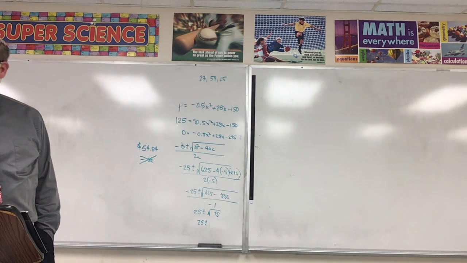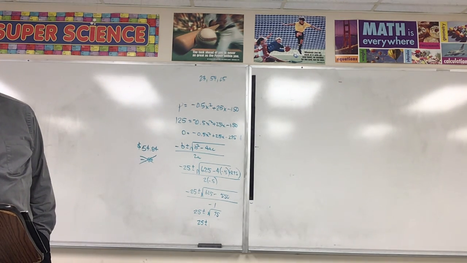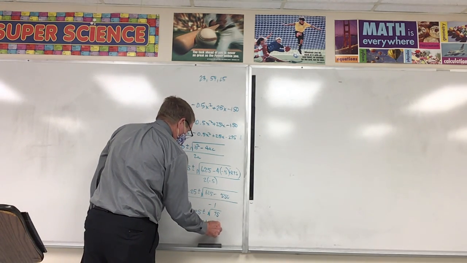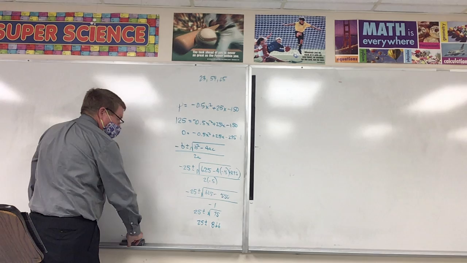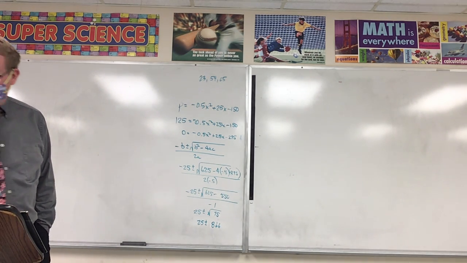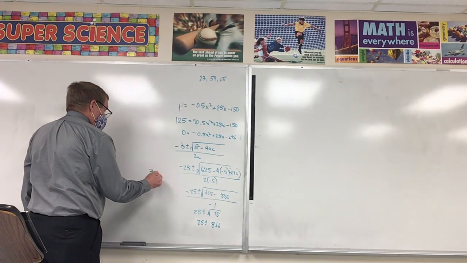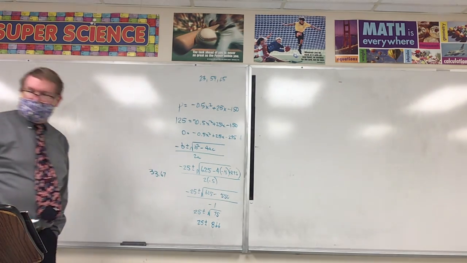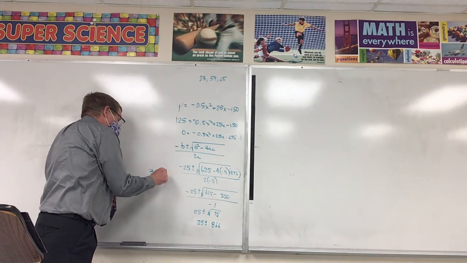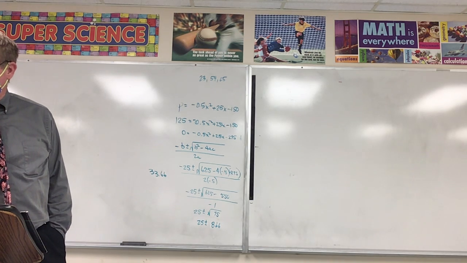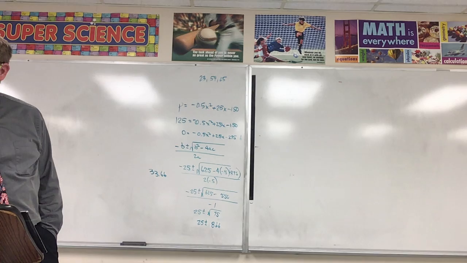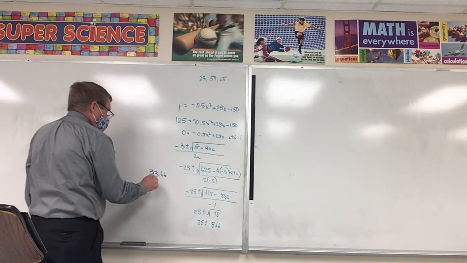Square root of 75 is 8.66. Okay. So 25 plus that is 33.66. And 25 minus 8.66 is 16.34.